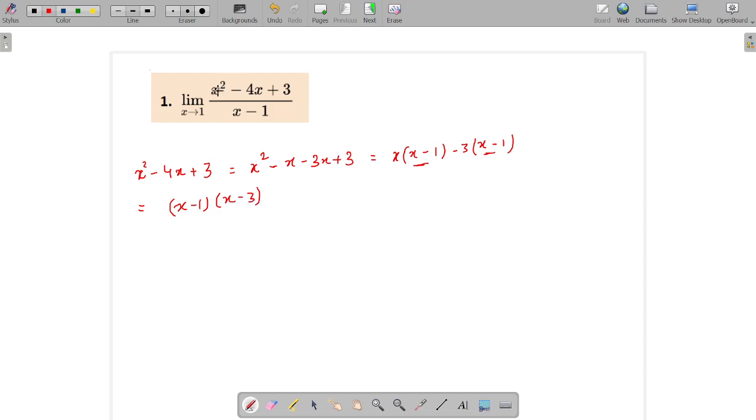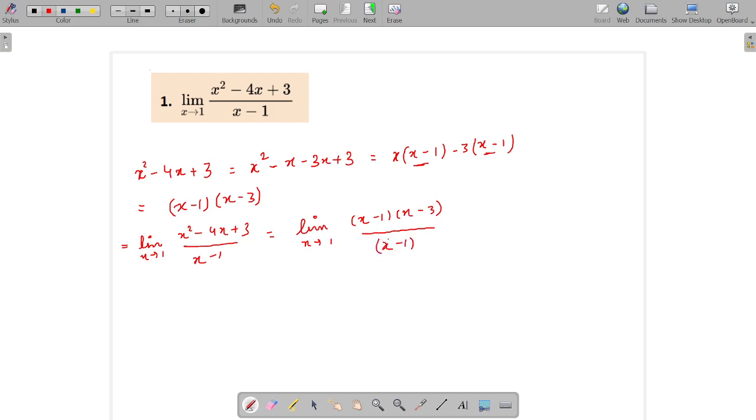Correct. Now I can write x square minus 4x plus 3 equals to x minus 1 multiplied by x minus 3. So now let's find the limit and see how this factorization will help us. The limit as x approaches 1 of x square minus 4x plus 3 over x minus 1 can be written as limit x approaches 1 of x minus 1 times x minus 3 over x minus 1.